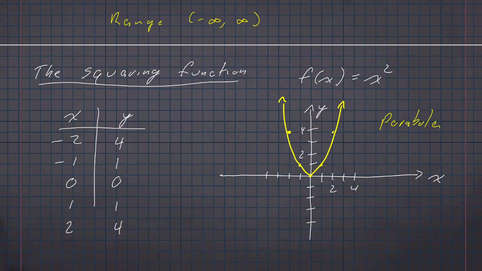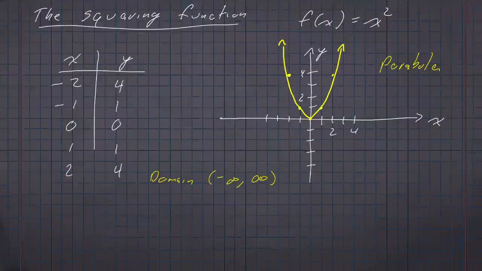You probably remember from previous coursework that this curve is called a parabola. You've probably seen them drawn much more nicely than the one I happen to have drawn here. But the domain of the parabola is all real numbers from negative infinity to positive infinity.